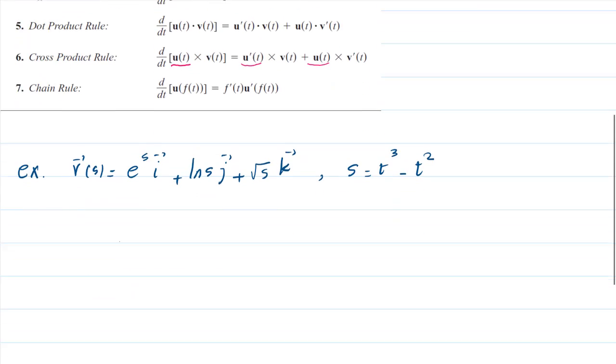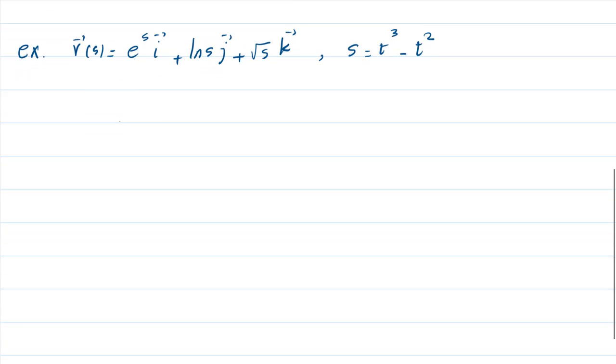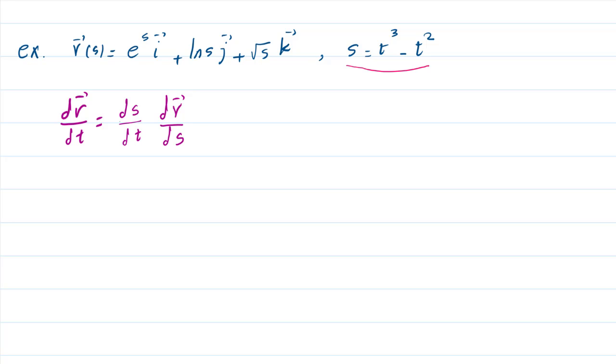Look at this example. Suppose r of s is a vector function and s is a scalar function. To find the derivative of r with respect to the t, first we find derivative of s with respect to the t times derivative of r with respect to the s.